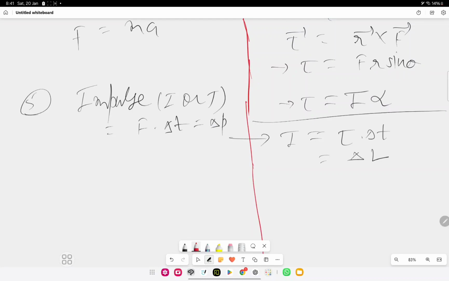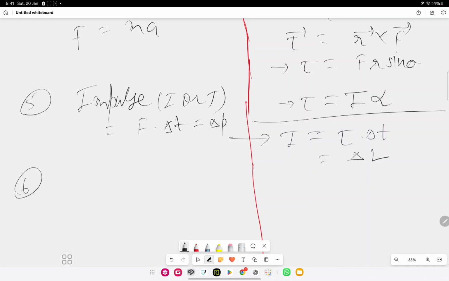Now the next thing we are going to talk about is work done. How do we define work in linear motion? Before work, let us talk about momentum only.